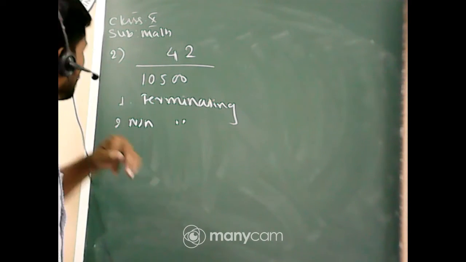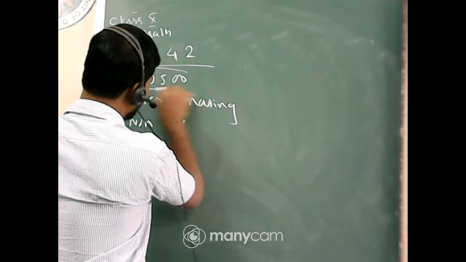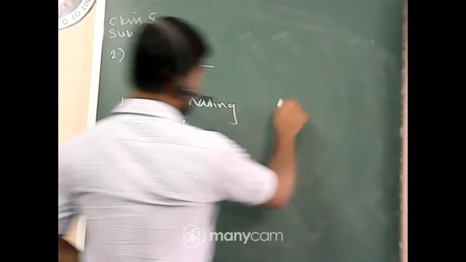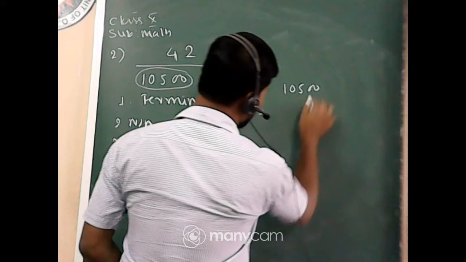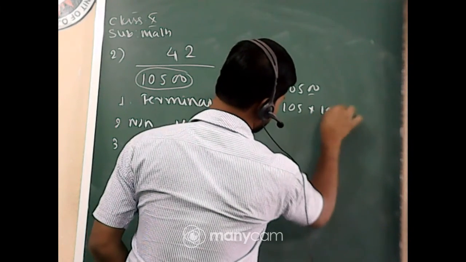But look, here one thing is here. If I factorize this term 10500, it can be written in the form 105 into 100.